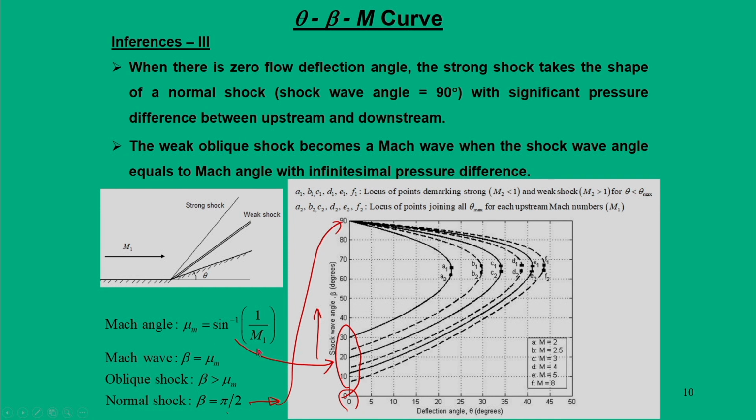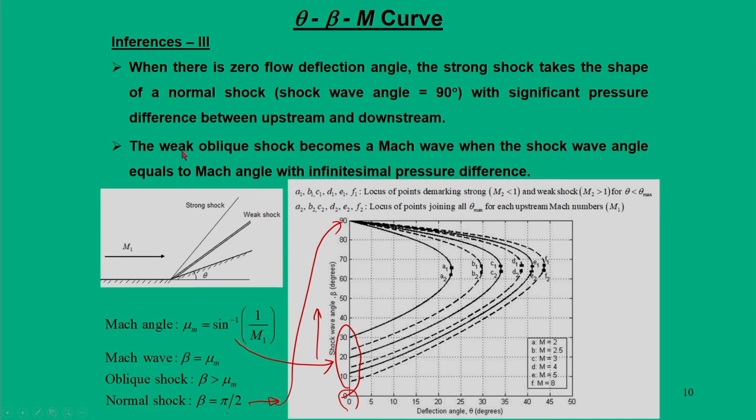So, mu m is nothing but 30 degree and mu m is equal to beta. So, it is a Mach wave. So, the weak shock solution for 0 degree deflection angle is nothing but a Mach wave, and 90 degree refers to a strong shock.